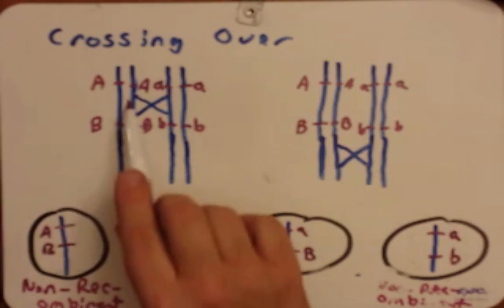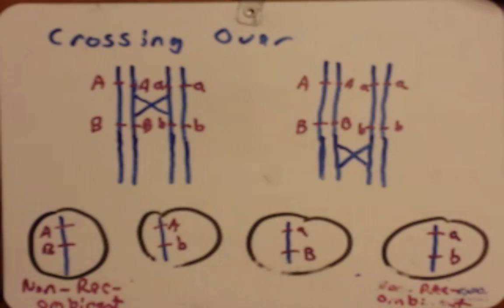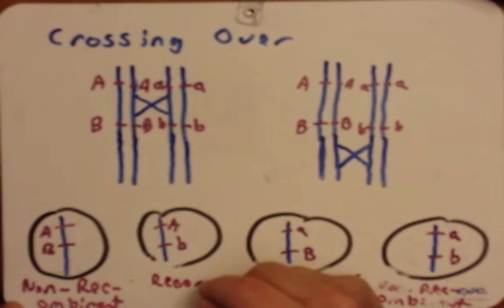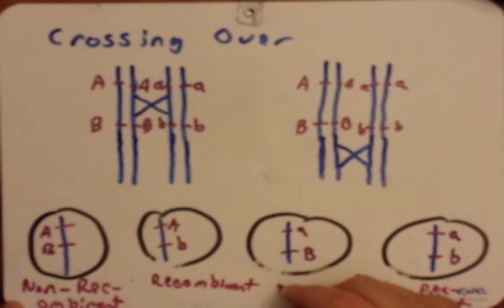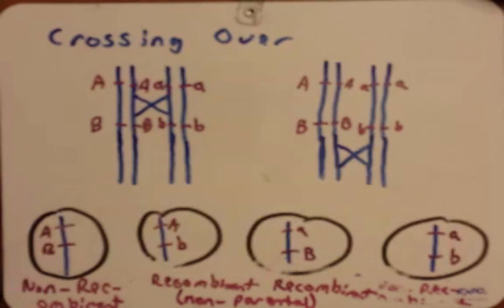We don't see any chromosome up here that are big A, little b. So we call this recombinant. And same with this one. It's recombinant. If you called these non-parental, that would be okay too. I would prefer that you call these on the end non-recombinant and these in the middle recombinant. It just makes more sense because it's descriptive of what's actually happening.